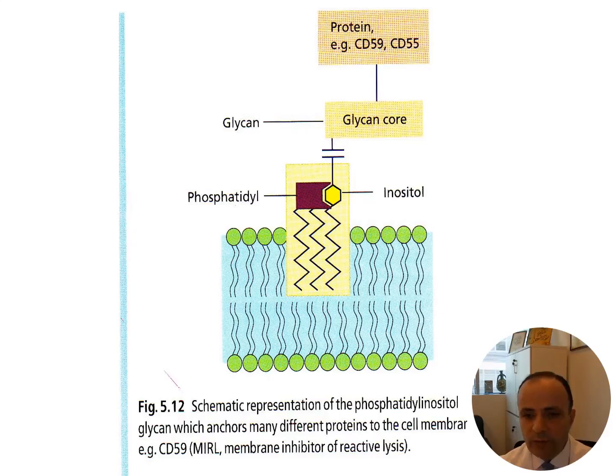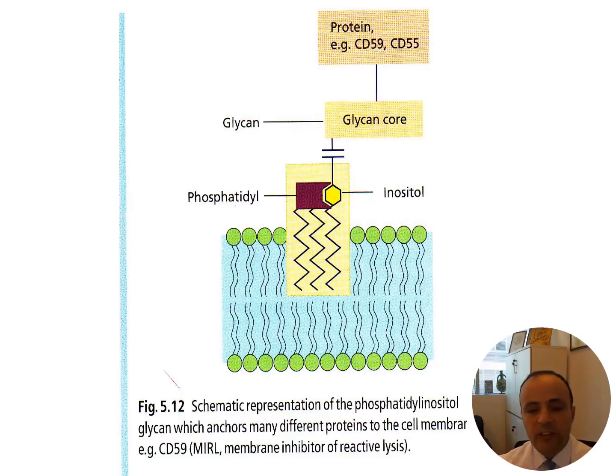If GPI, the phosphatidylinositol, is absent, this is what happens in PNH. These CD55 and CD59, they get released into the plasma and they get degraded. So you cannot find them on the surface of the red cell. So the red cell becomes very susceptible to lysis by complement.